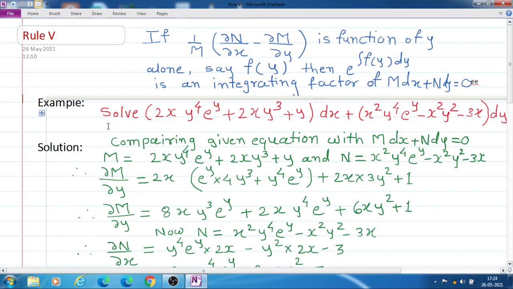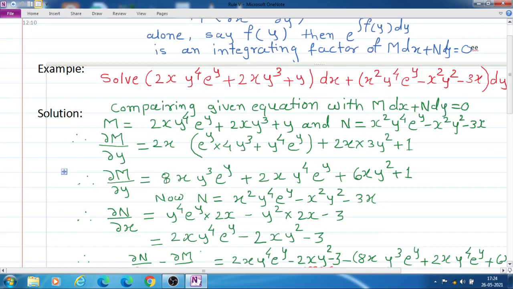So this is the example, solve (2x y^4 e^y + 2x y^3 + y) dx + (x^2 y^4 e^y - x^2 y^2 - 3x) dy.